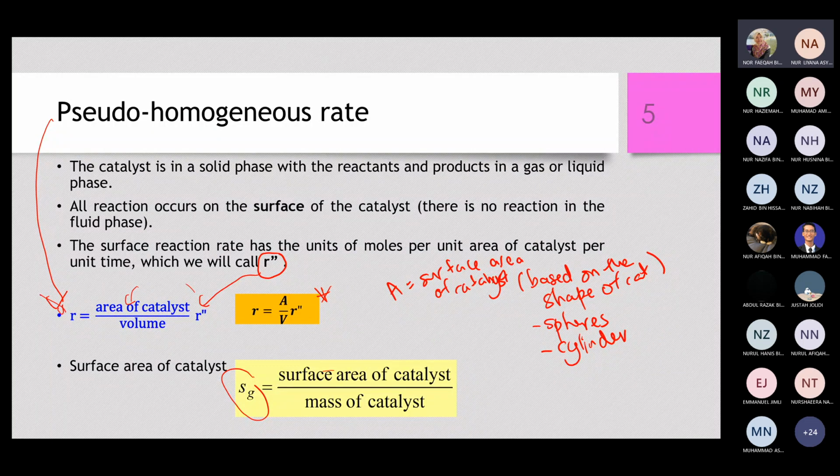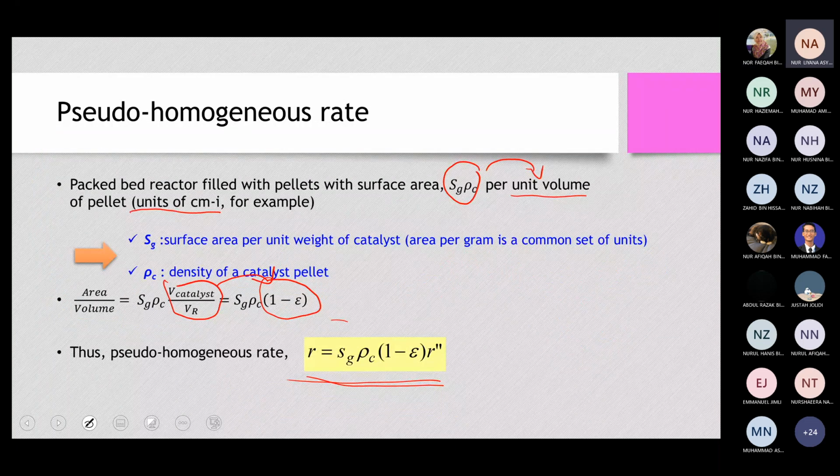So highlight this, this is the useful equation that we usually use to solve reactor design in catalytic reaction. So this one we seldom use.